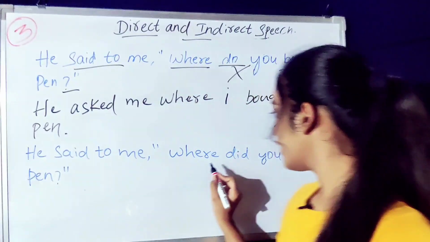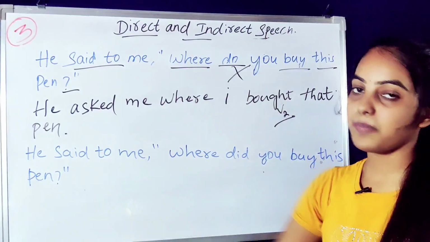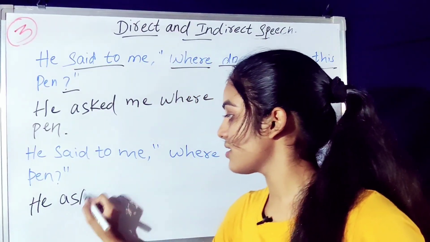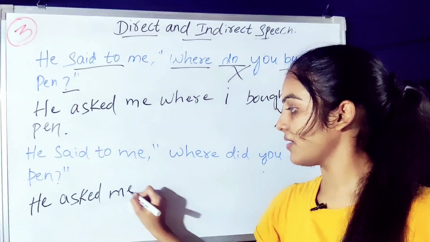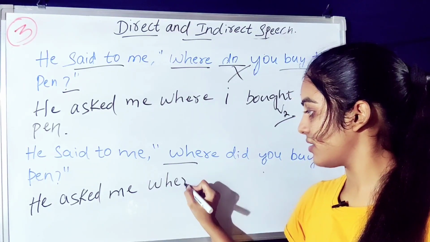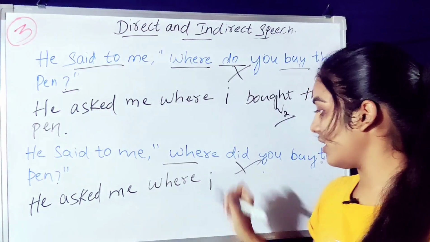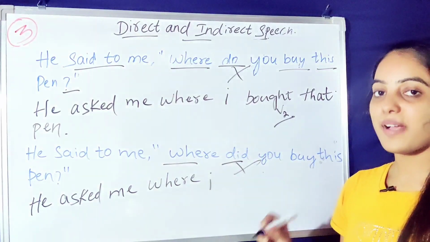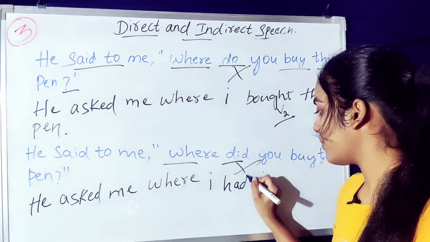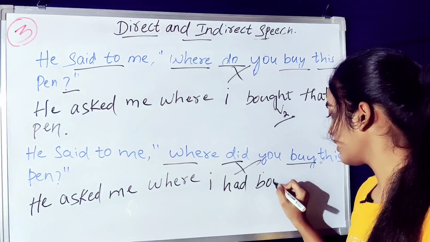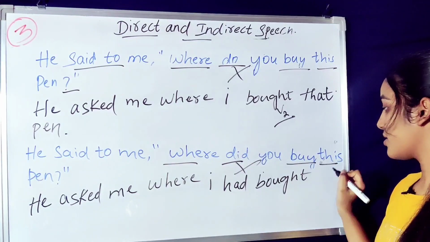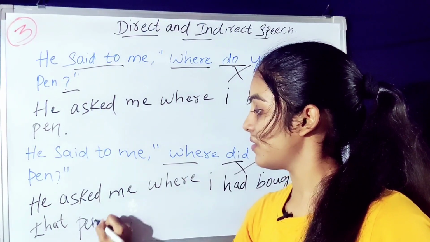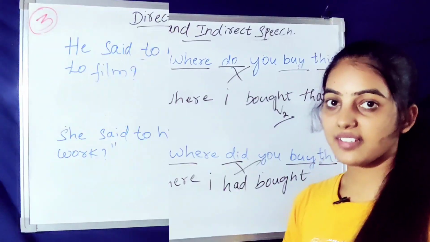He said to me, where did you buy this pen? Okay, tell me. He asked me, where, cross-examine, I did. This is simple past. Simple past will be changed to past perfect, where I had plus V3, bought. This is changed to that pen.